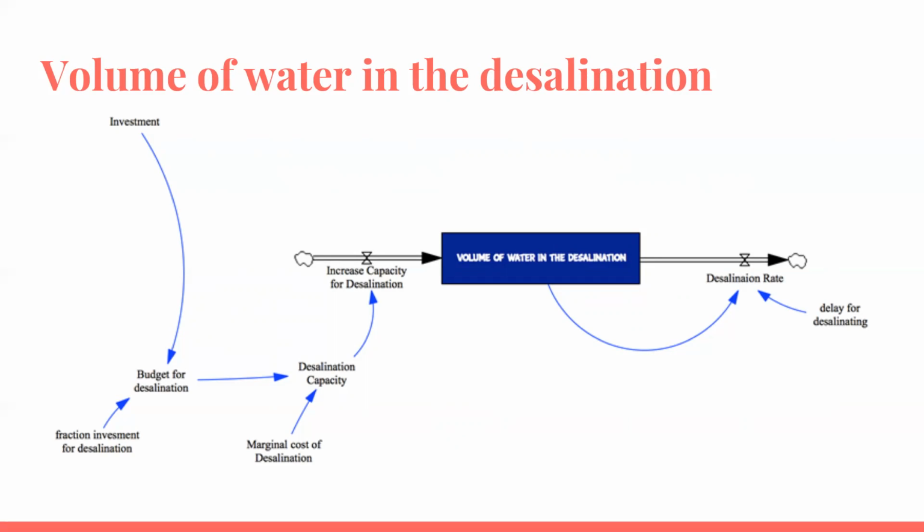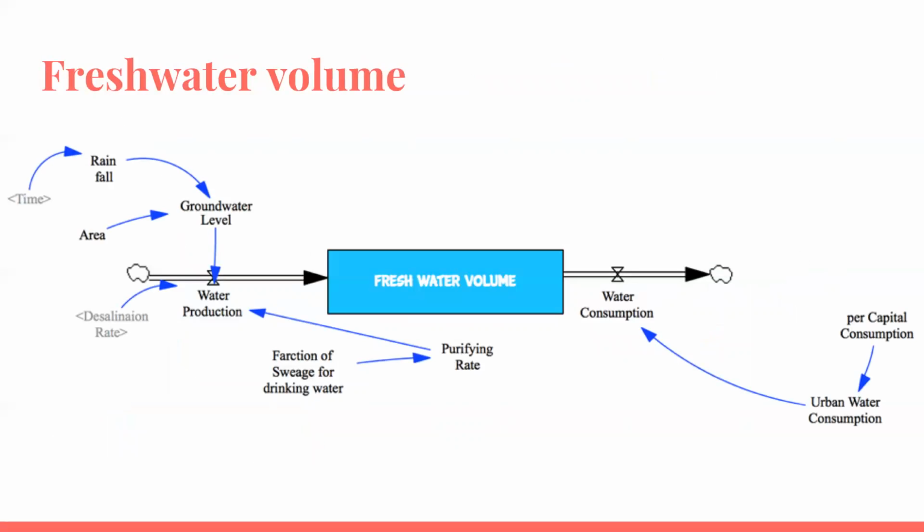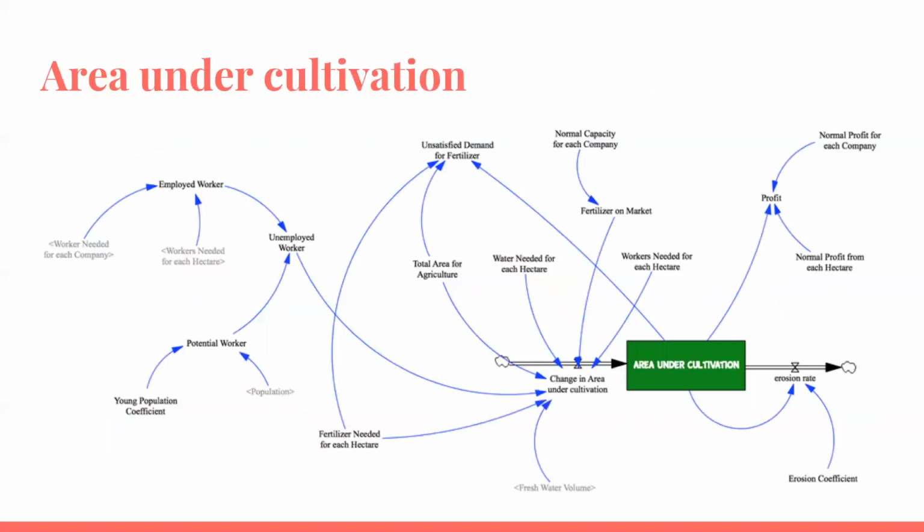We have no limit on water, and the desalination delay will determine our output rate. For freshwater volume, we have different sources of supply. Here are rainfall and groundwater level, and another one is purified water, which comes from volume of water in sewage, and urban consumption will decrease the freshwater volume.